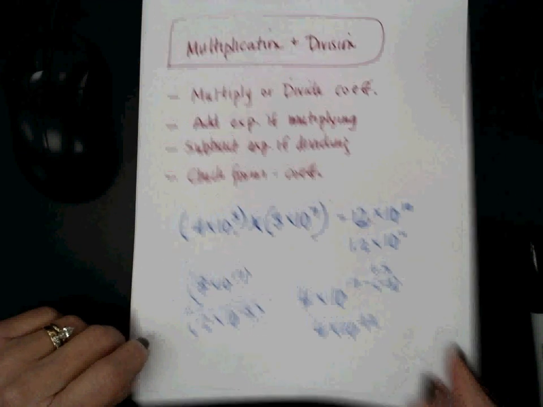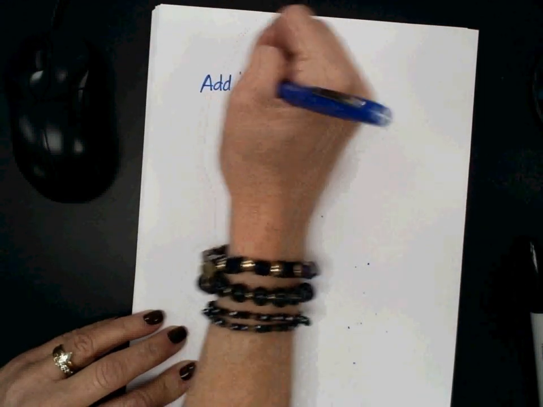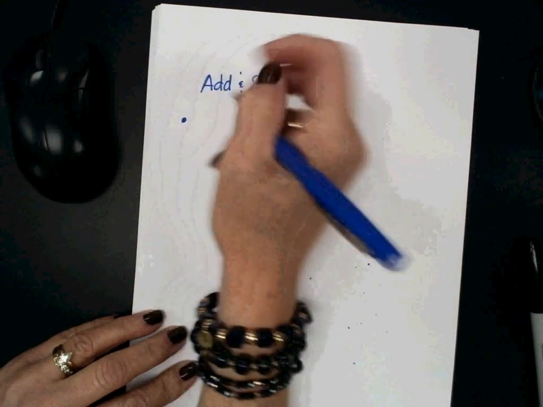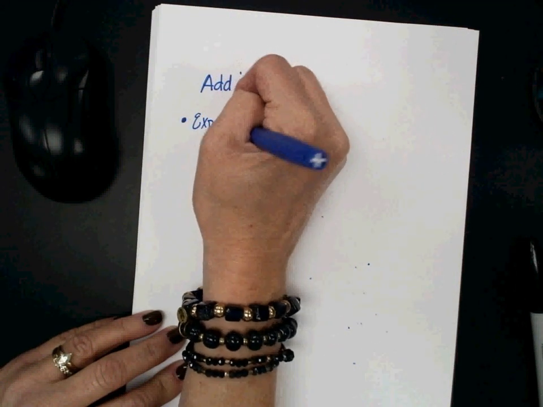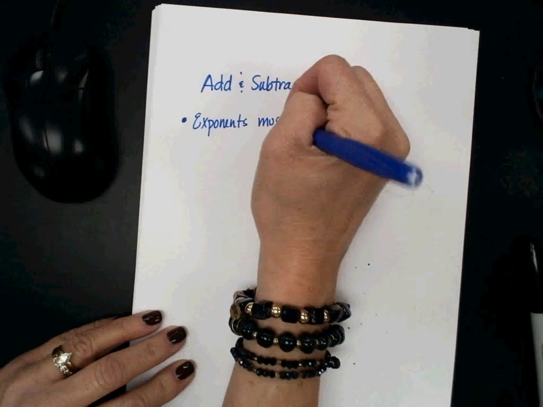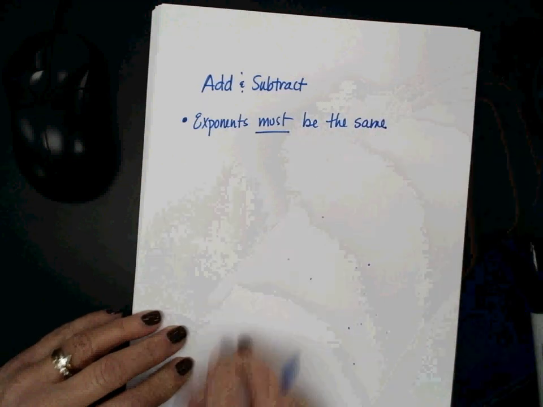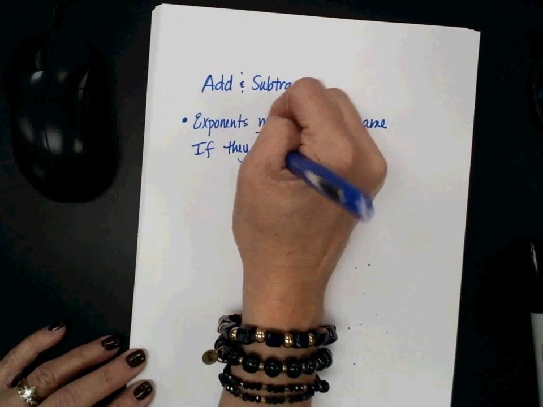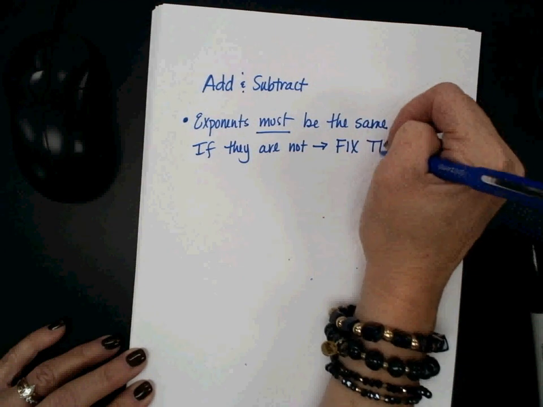Okay, so let's look at addition and subtraction. Really pay attention to this one because you have to think harder about this. If I'm going to add and subtract, there are some things I have to do. First of all, the exponents must be the same. If they are not, fix them.